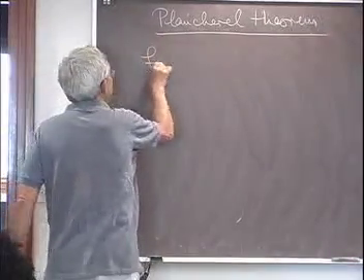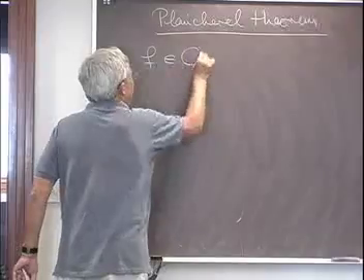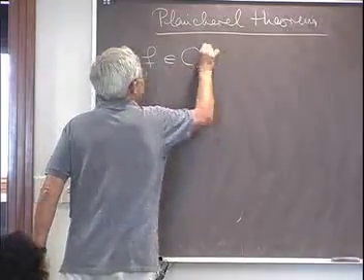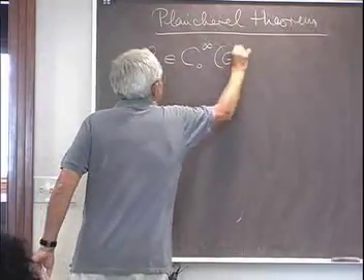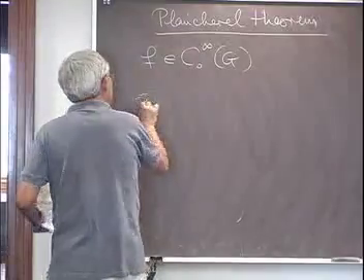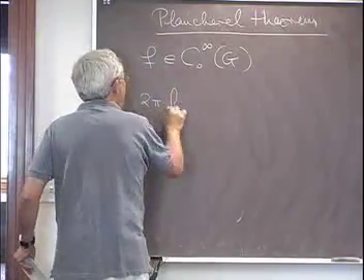So let's assume that f is in C_0^infinity of G, and the formula is 2 pi f of 1.